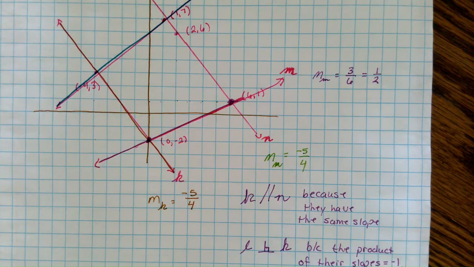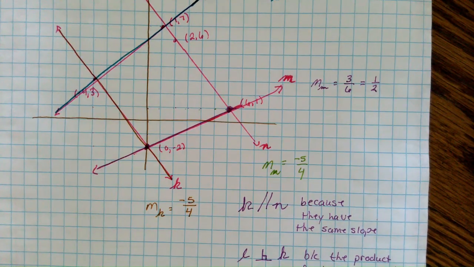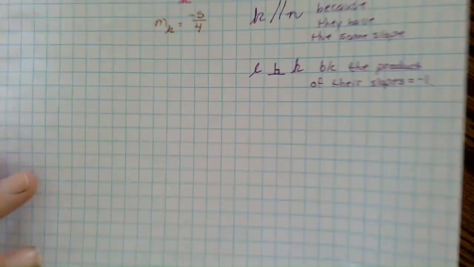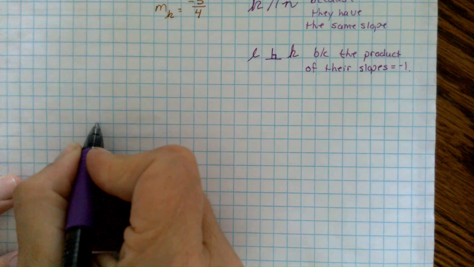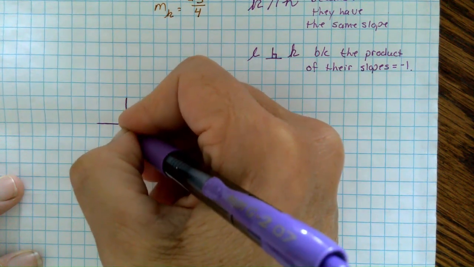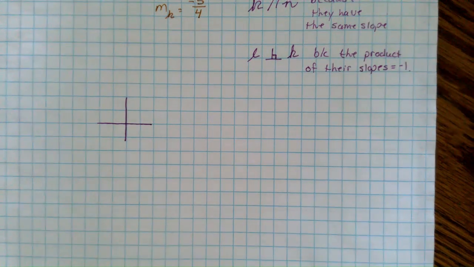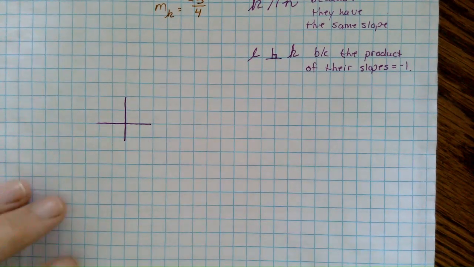So keep in mind, if you're going to have perpendicular lines, one has to be having a negative slope and one happens to be having a positive slope. Unless there is one exception to that rule. And that is one has a 0 slope and one has an undefined slope. We can't multiply those and get -1 because you can't multiply by undefined.